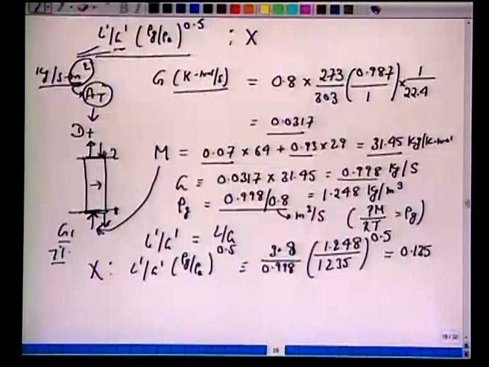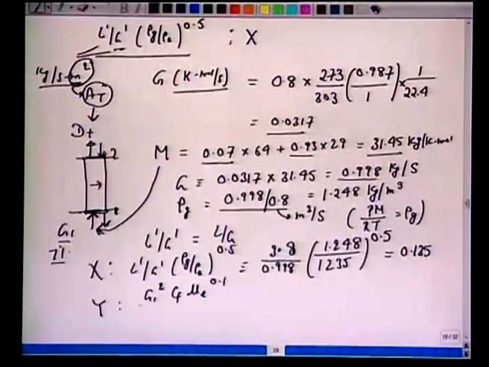Okay, and similarly we have to determine the quantity on the y axis. There we have G prime square Cf mu L to the power 0.1 divided by rho G, rho L minus rho G, Gc.